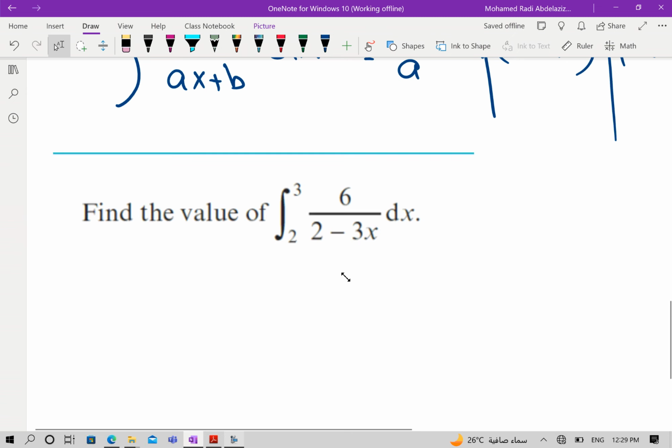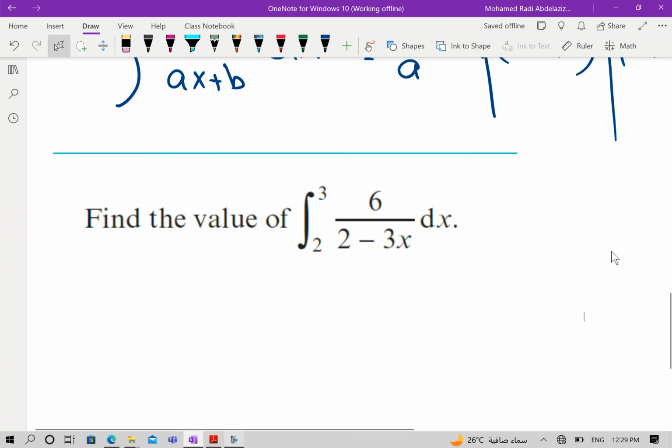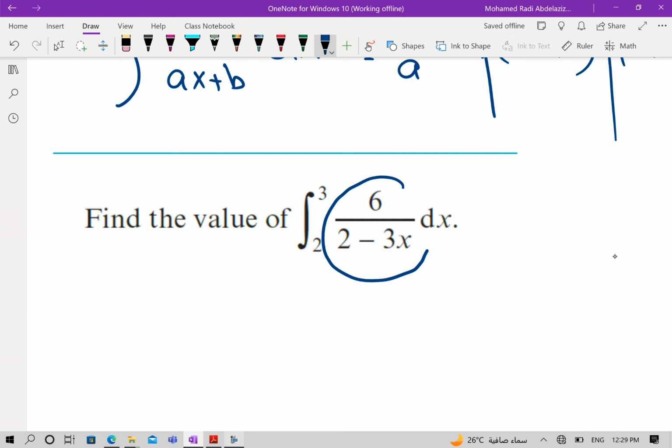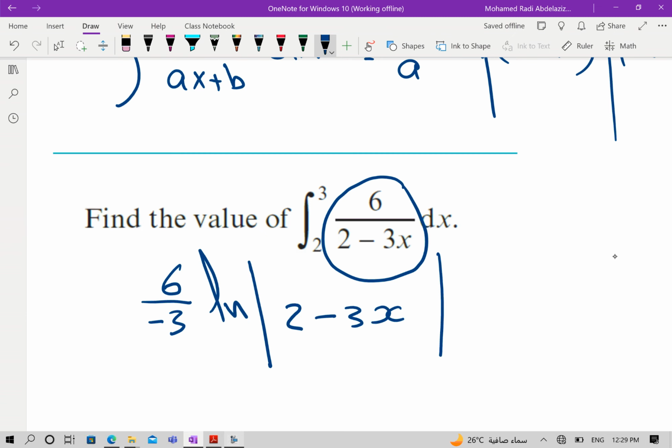Integrate from 2 to 3, 6 over 2 minus 3x. First, how to integrate it? 6 divided by the coefficient of x, which is negative 3, then ln, write the modulus sign, 2 minus 3x, then plus c.